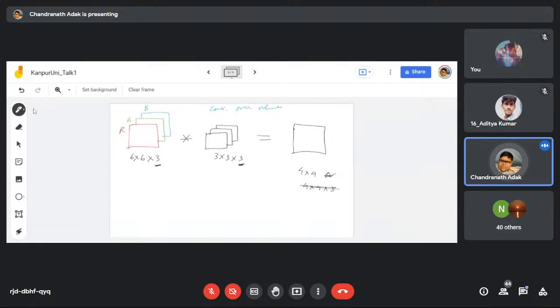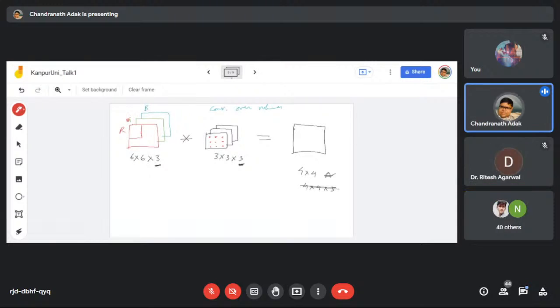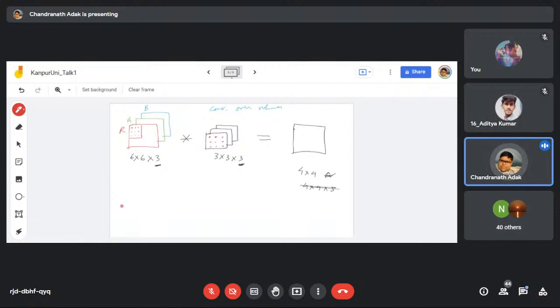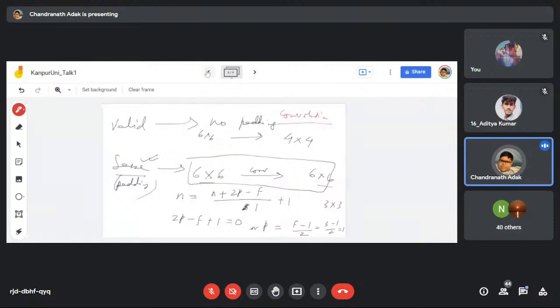Look a little carefully. Okay, so you have these 3 cross 3, 9 values over here. In this R channel also you have 9 values. So these 9 values into 9 values you are adding up. What I have added up, I have already calculated over here.